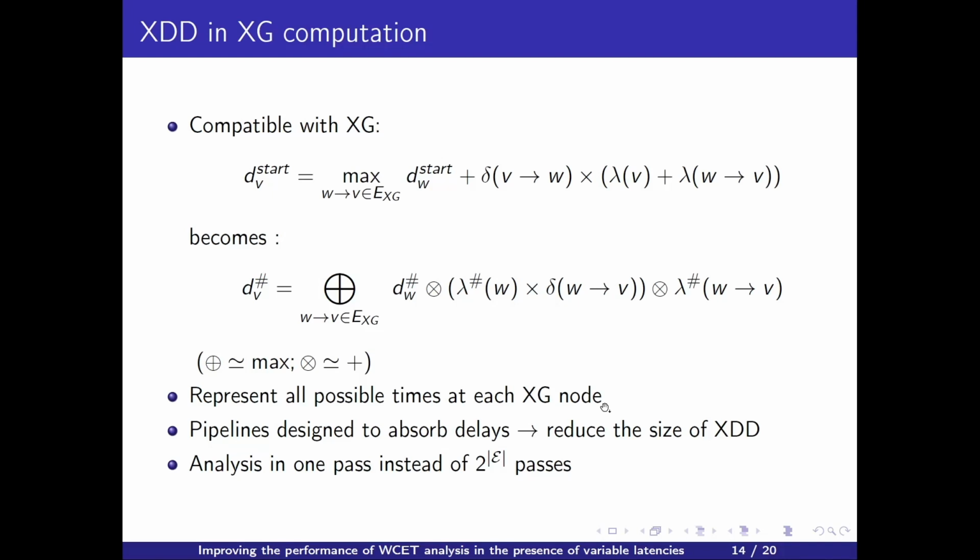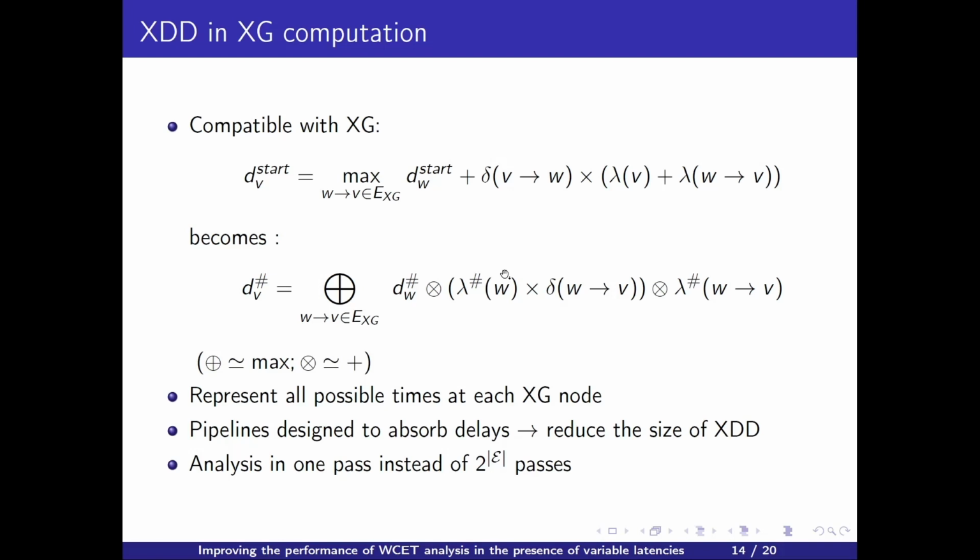Now, we want to use XDD in execution graph computation and compute all possible execution times instead of one execution time at a time. The max and addition on natural numbers are imported to the domain of XDD. The algorithm of computation is kept as before.